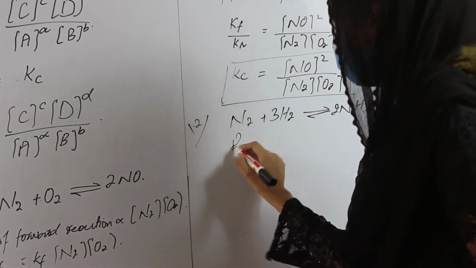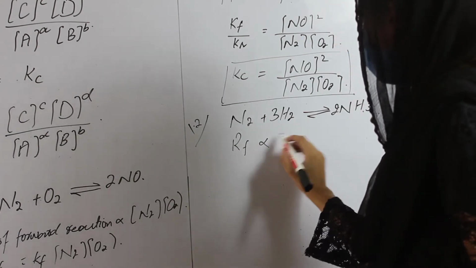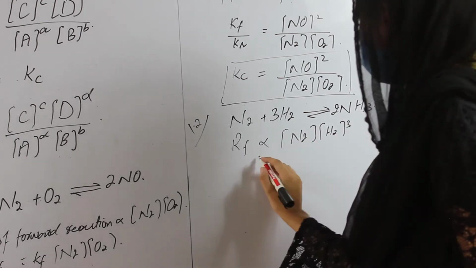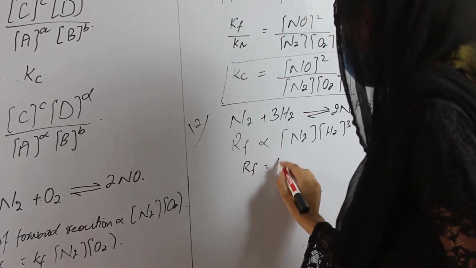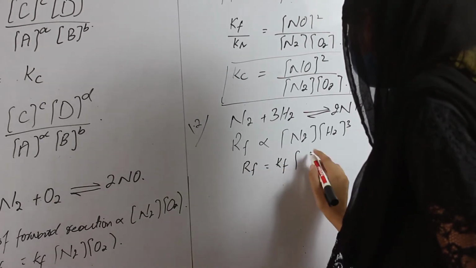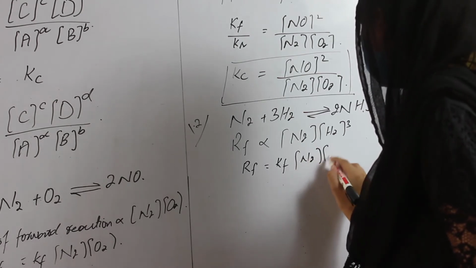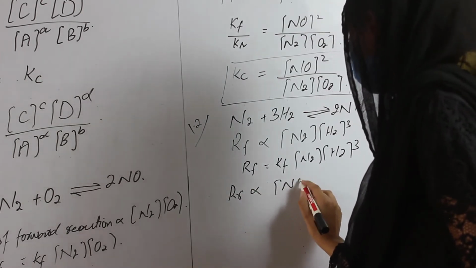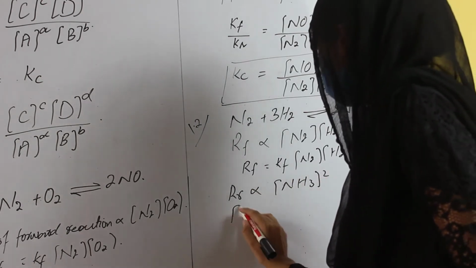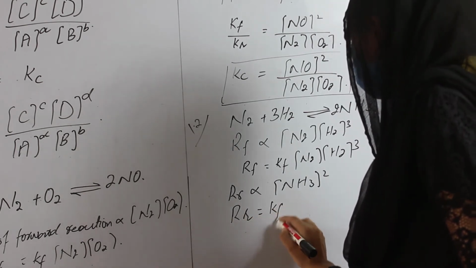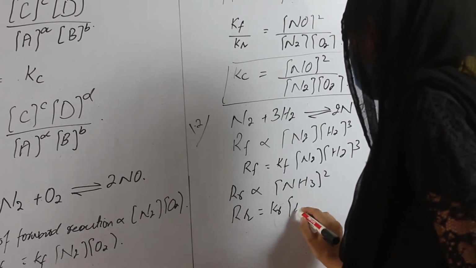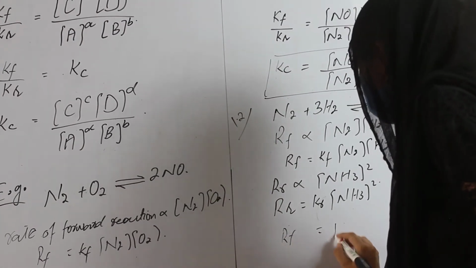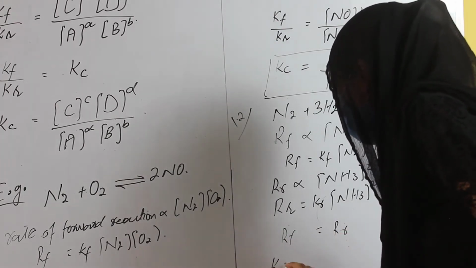First of all we calculate the rate of the forward reaction, which is directly proportional to the reactants. The proportionality sign is removed and the new sign is the equal sign with the constant of the forward reaction. The rate of the reverse reaction is directly proportional to the products, and is equal to the constant of the reverse reaction times the products. At the equilibrium position the forward and the reverse rates are equal, by putting the values.